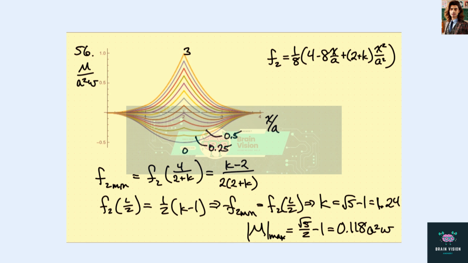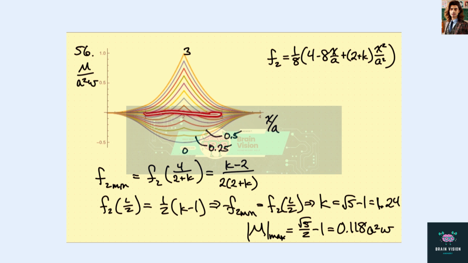Somewhere in this region here, a little bit over 1, we will have where the minimum and the maximum are equal. What we see is that this minimum always occurs in the central region where there's just a point load acting.